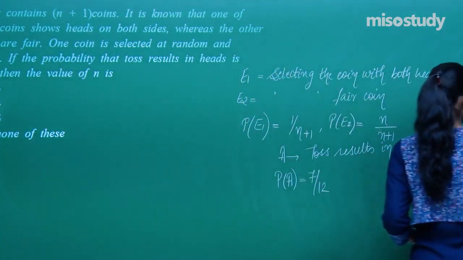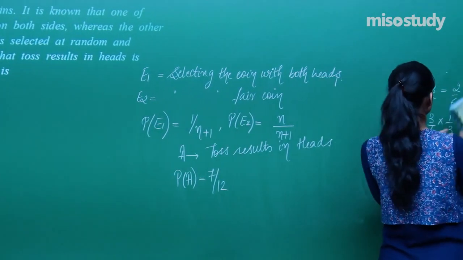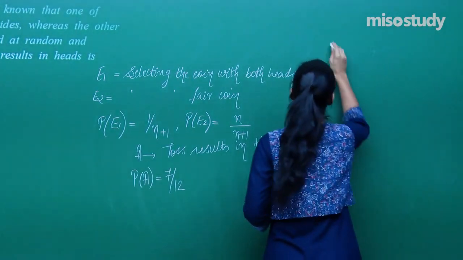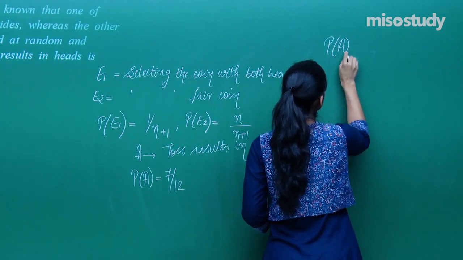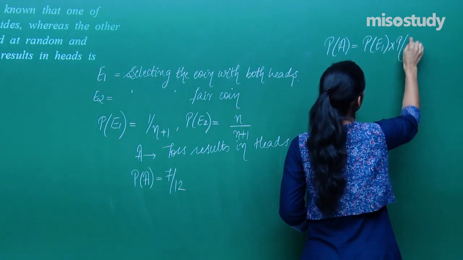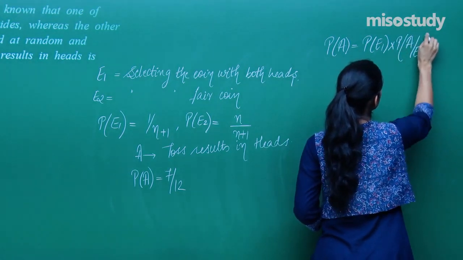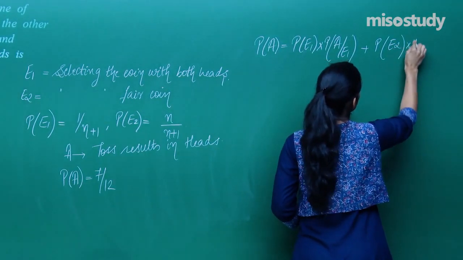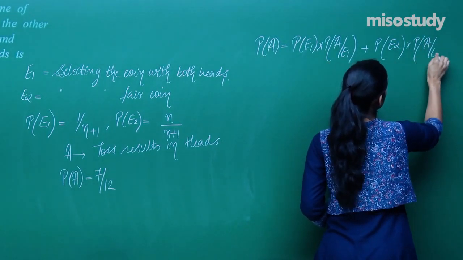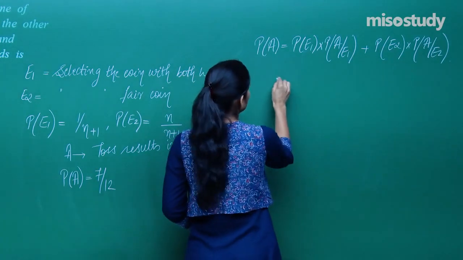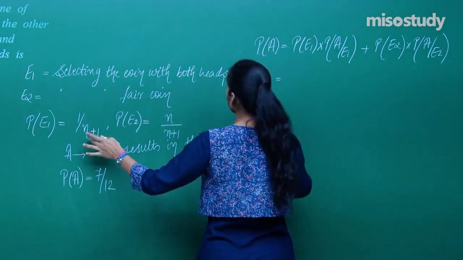And what you get basically is, according to total probability, probability of A is probability of the first source into probability of happening of event A from the first source plus probability of second source into probability of happening of event A from the second source. So probability of E1 is what? 1 by n plus 1.